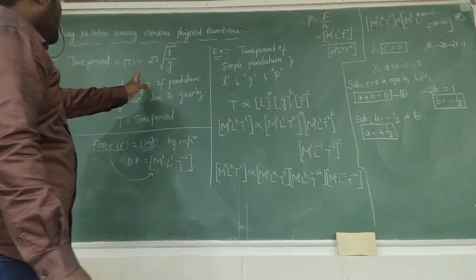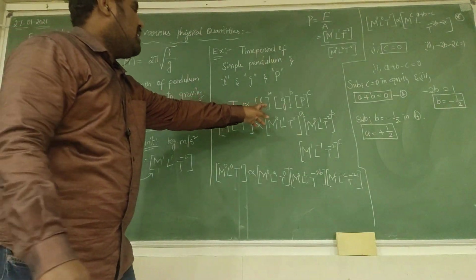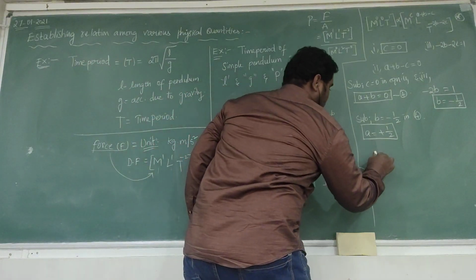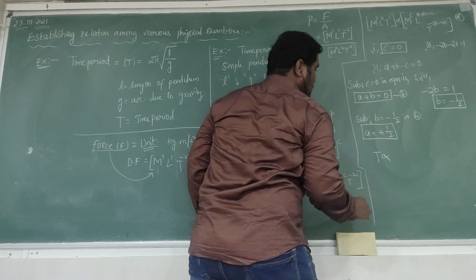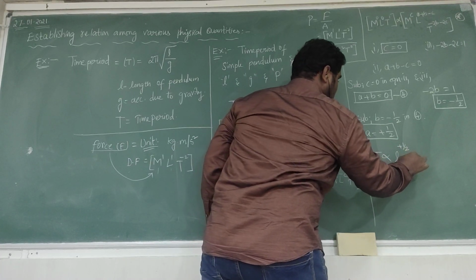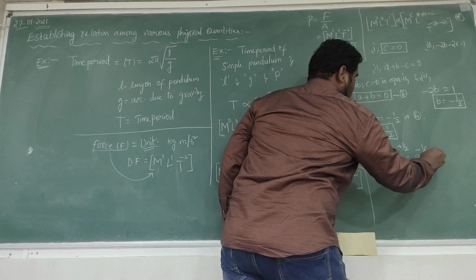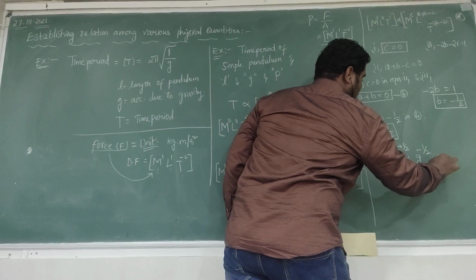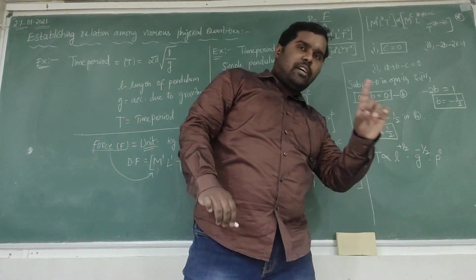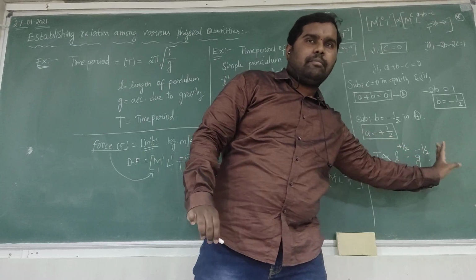Substitute in the main equation where we have taken this one. T proportional to L power a, g power b, p power c. Let us substitute. So therefore we get T proportional to L power plus 1 by 2, next g power minus 1 by 2, next p power 0. Anything to the power of 0 is 1. So this term can be neglected.